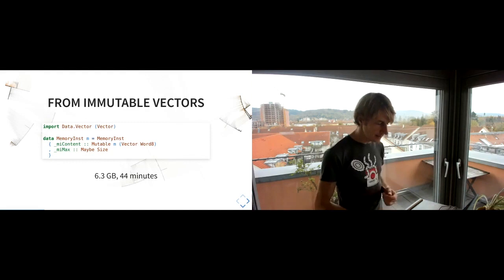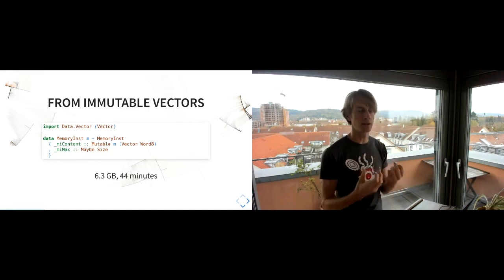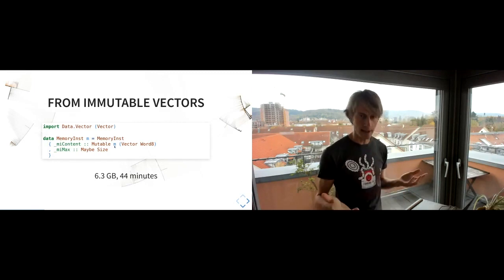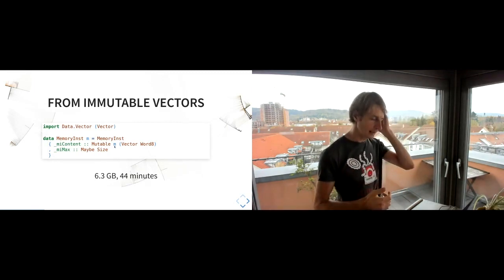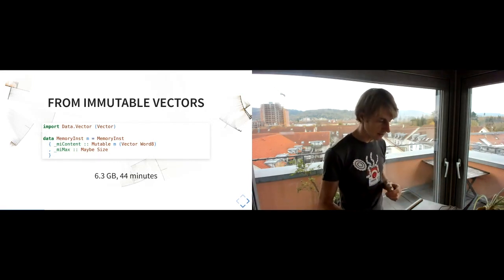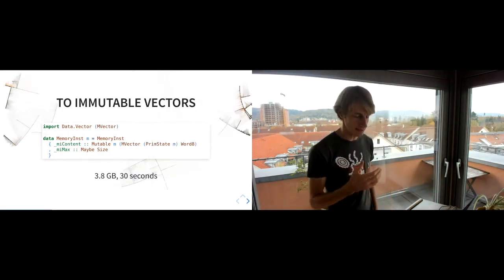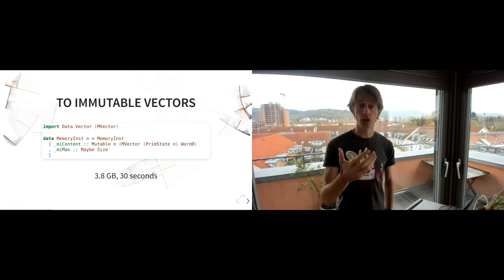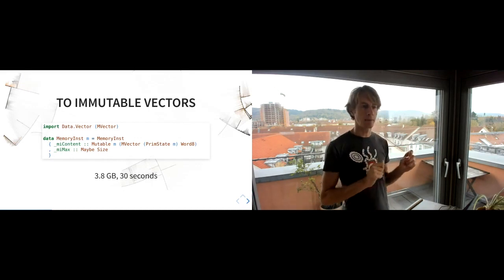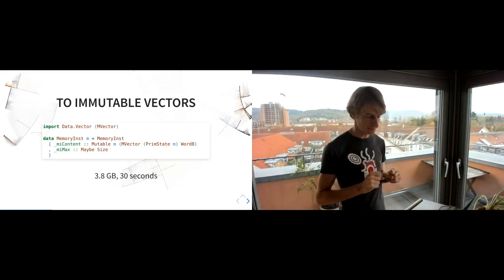Since we're already dealing with mutation here, and we are in an IO-like monad, so this M is a monad, typically IO or ST or something like that, we already are in an imperative programming style. So an easy fix here was to use a mutable vector, which is also provided by the vector library, and it allows you to modify cells in the vector in place.